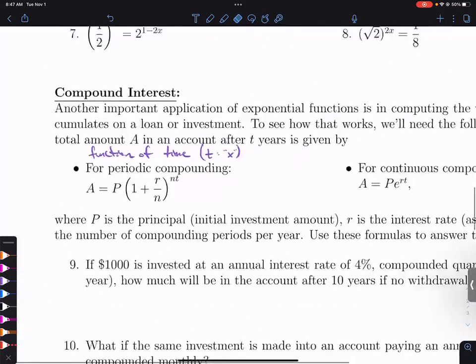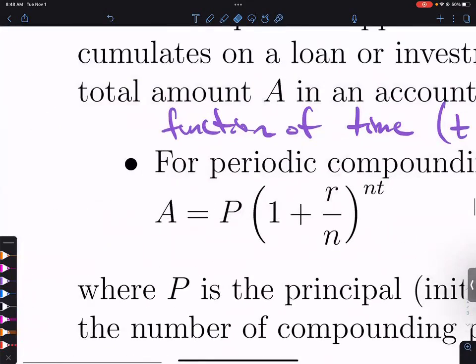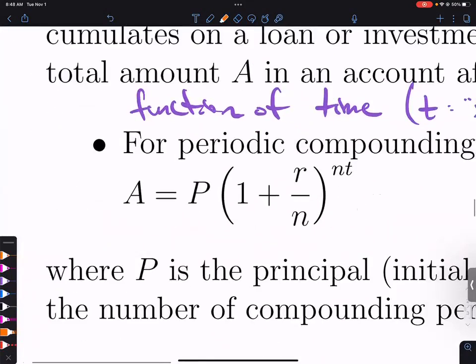What all this stuff stands for is written there, but I'm going to highlight it and say it. A is the amount, the accrued value of the investment. So if I take $1,000 and put it in a savings account in the bank and it pays such and such interest rate, this is how much money I have after some time has passed.